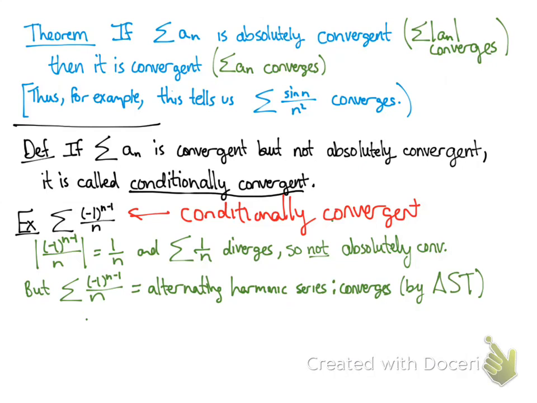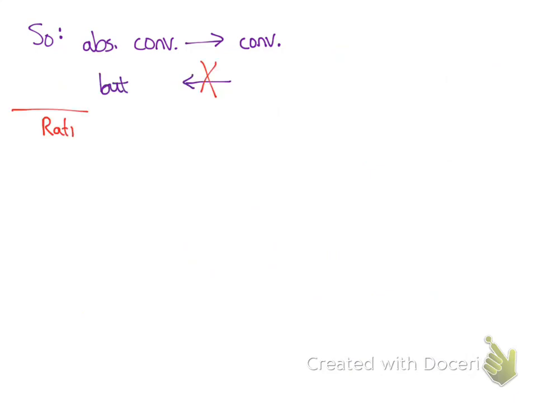So if you're absolutely convergent, you have to be convergent as well. If you're just convergent, you may or may not be absolutely convergent. And if not, you're called conditionally convergent. All right, so it is important to keep straight that if you know something's absolutely convergent, then you also know it's convergent, but not the other way around.